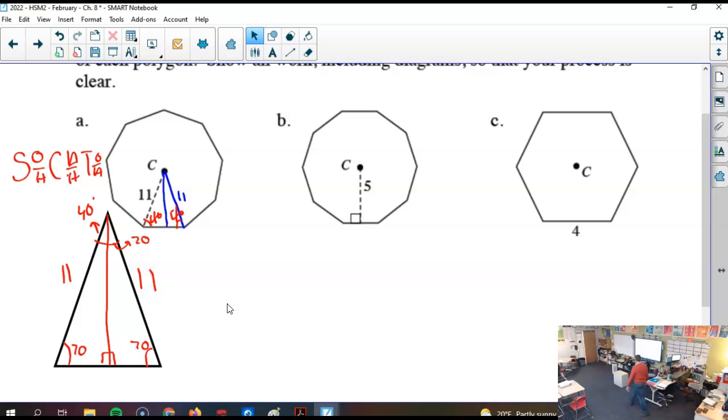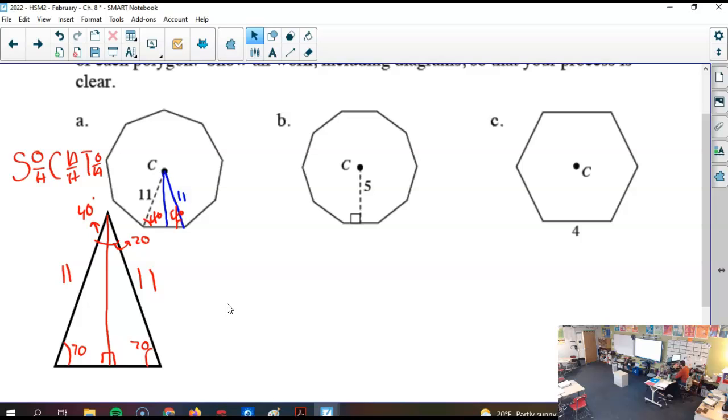And I guess I can use the straight line tool.